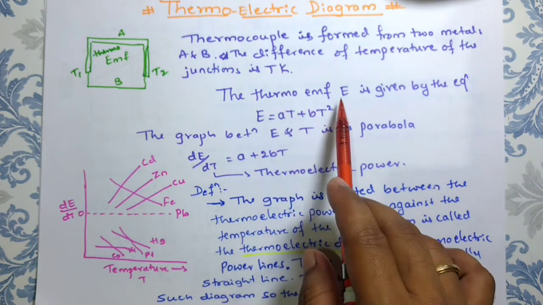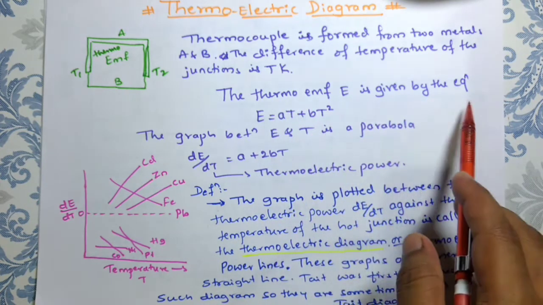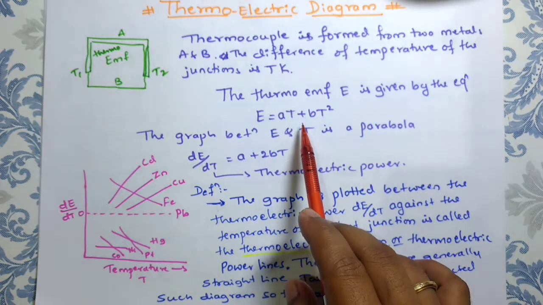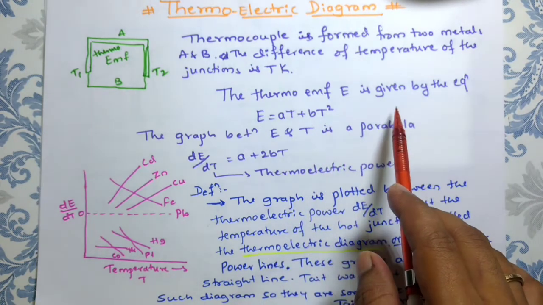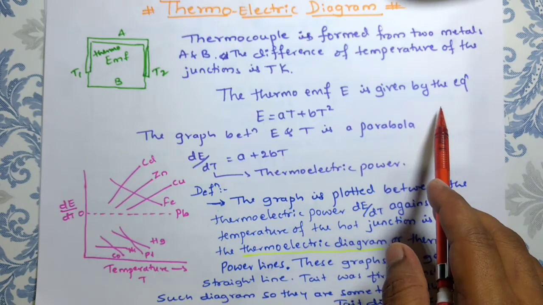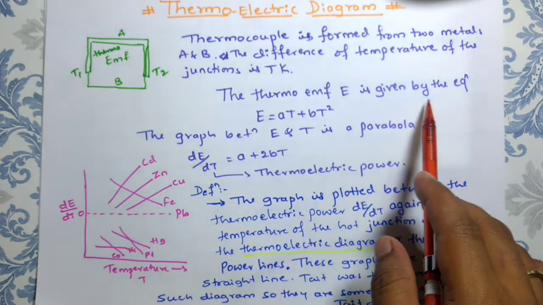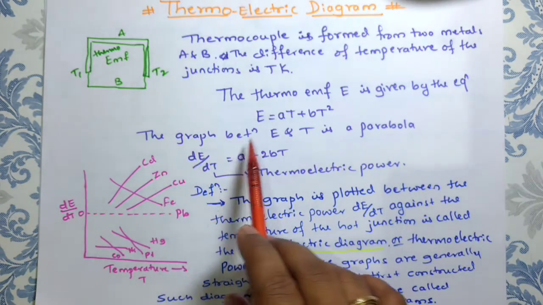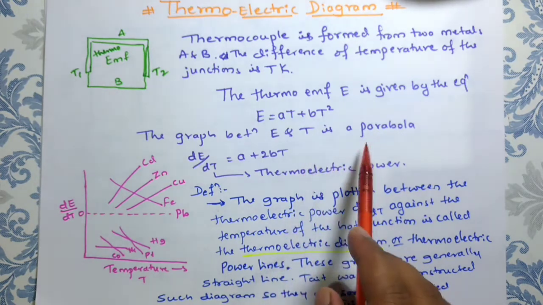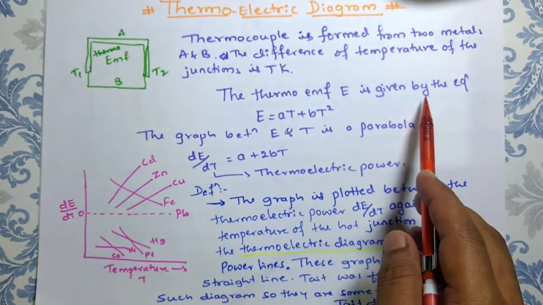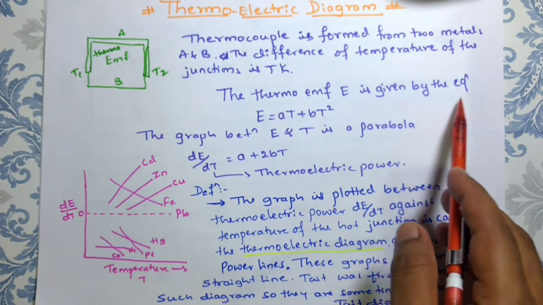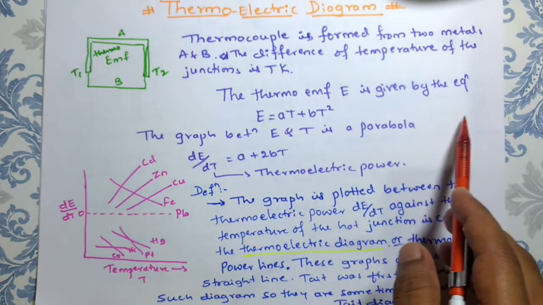The thermo EMF E is given by the equation E = AT + BT², which I have already mentioned while discussing the Seebeck effect. Just go through that video. The graph between E and T is a parabola, and I explained how we get the parabola curve in the Seebeck effect video.